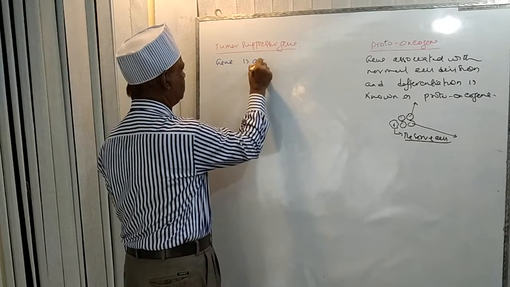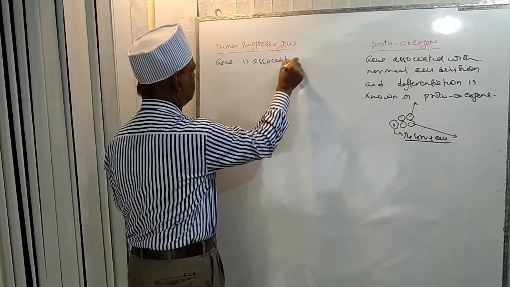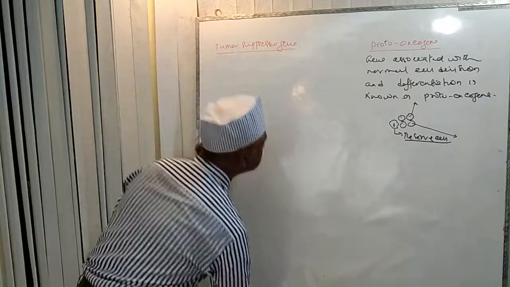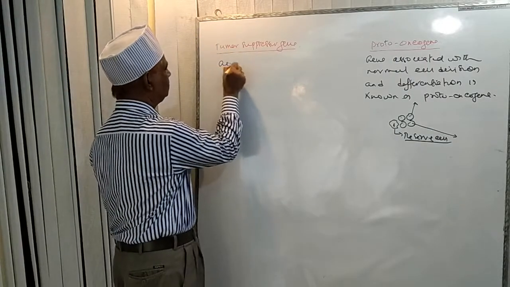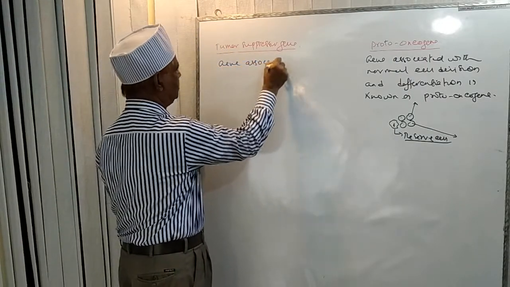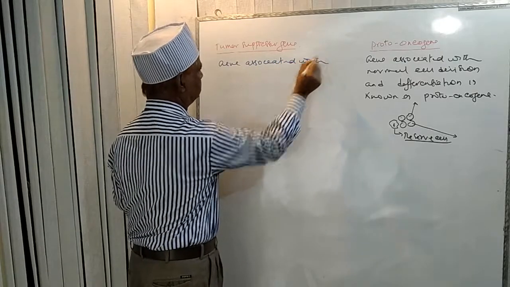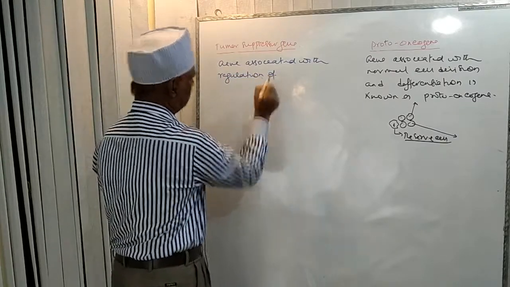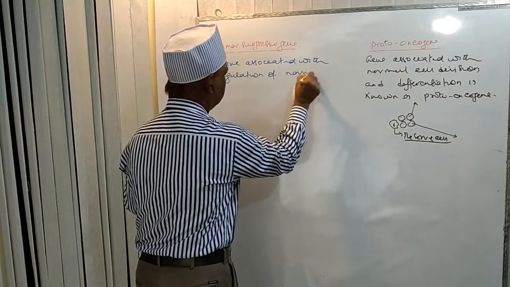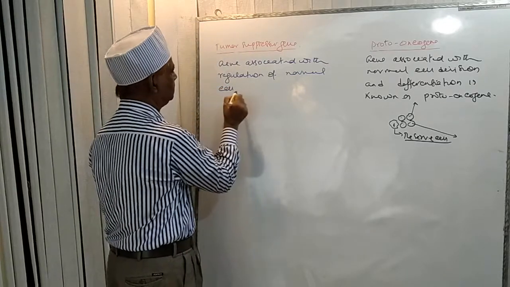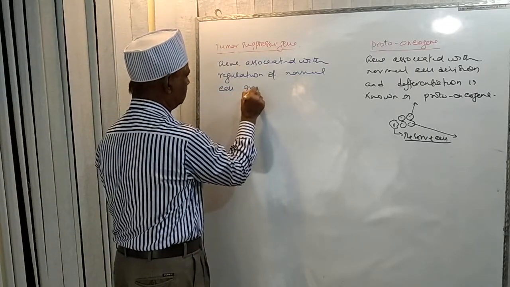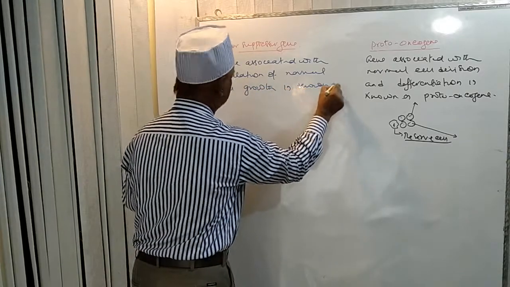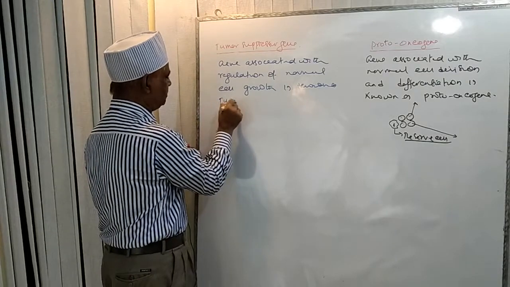Gene associated with regulation of normal cell growth is known as tumor suppressor gene.